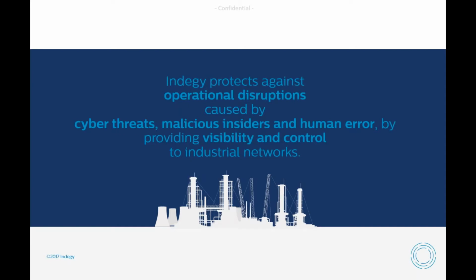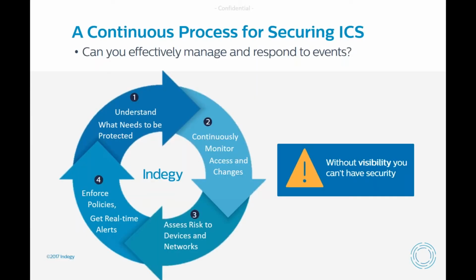We need to understand where our risks are, as you can see here in the third part of our process. What kind of vulnerabilities do we have in our environment that could be taken advantage of on our industrial devices or on our network? Are we configured properly? Are we following process? There's a lot of different risks that could be addressed with a properly implemented asset inventory and anomaly breach detection tools.